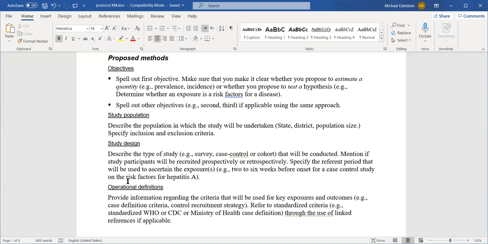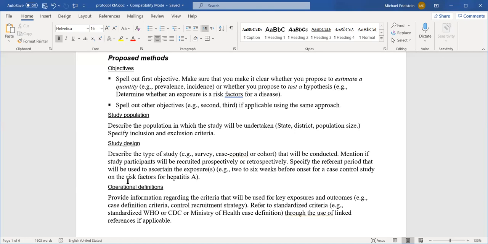If you're doing a study just for prevalence, then your background will be set up differently. It will say, we don't really know the prevalence of this particular problem, and we need to know this in order to then, in a future study, determine whether incidental findings lead to malignancy.